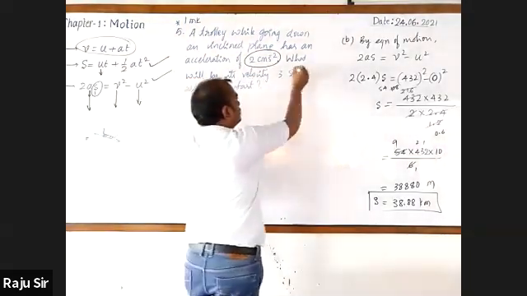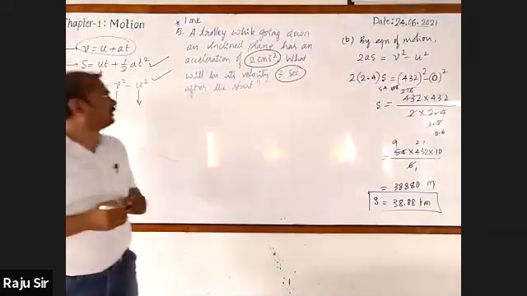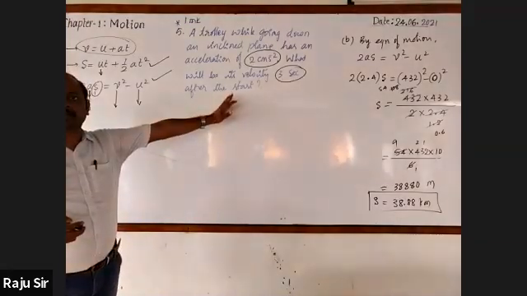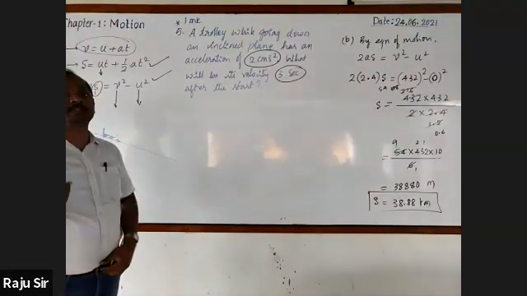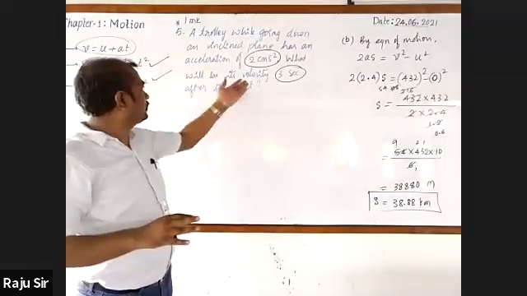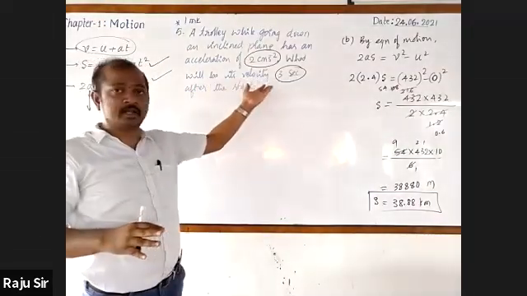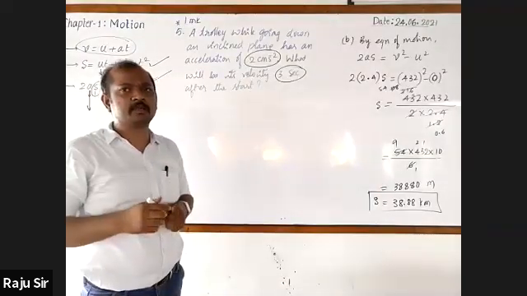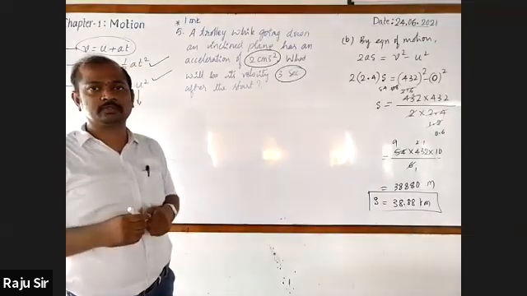Time has been given, 3 seconds. Ritika, look here. Travel for 3 seconds. After that, it will come to rest. Then obviously, final velocity will be 0, right? And we are going to find out what will be its velocity when it is moving. That should be found out.